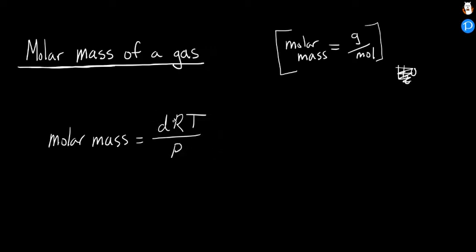So the density of the gas is what we would need to know in this case. Remember that density, just in case you forgot, is equal to, actually no, I'm not going to put the units.